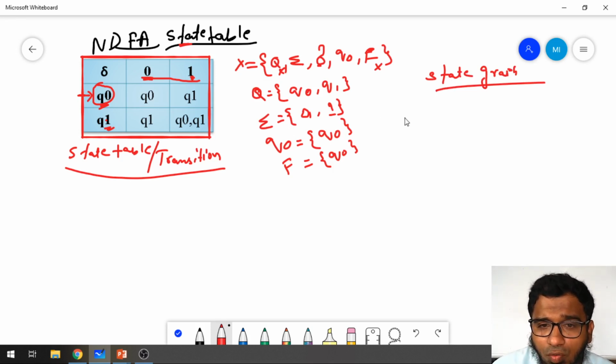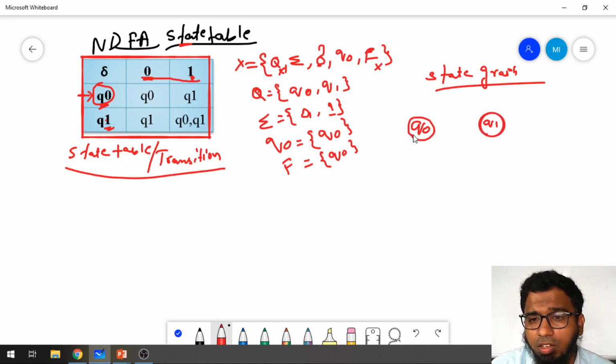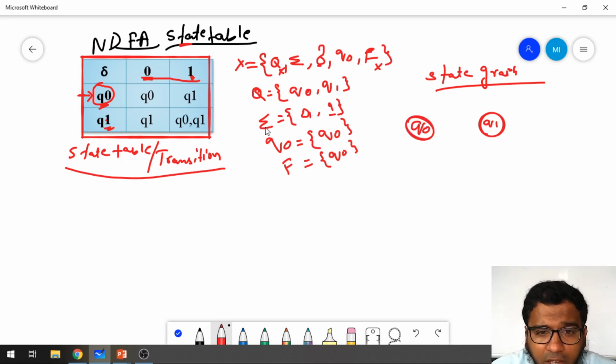So, here first, what is the Q? We have Q0 and we have Q1. This is a single circle and this is a single circle. Now, we need to see sigma, 0 and 1 are there.